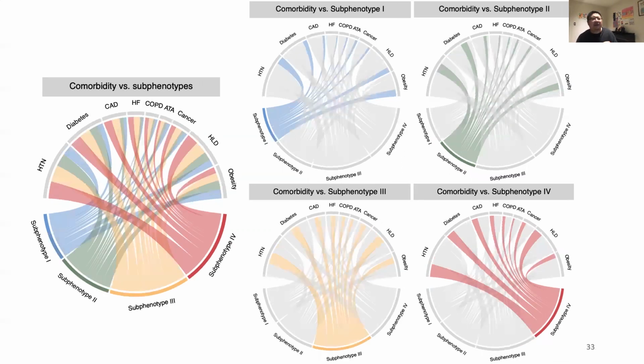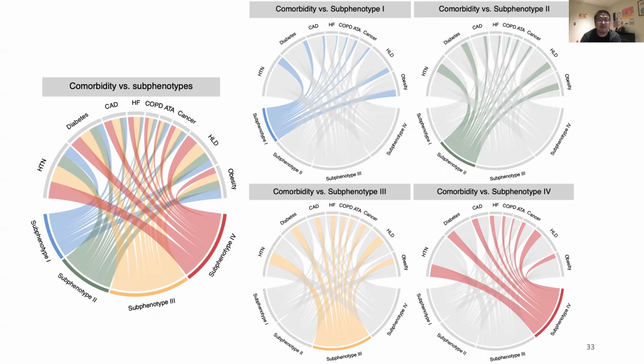And this is a characterization of those four subphenotypes according to the comorbidities. Still, we can see subphenotype 1 patients are associated with the smallest portion of comorbidities. Subphenotype 4 is associated with the largest portion of comorbidities.